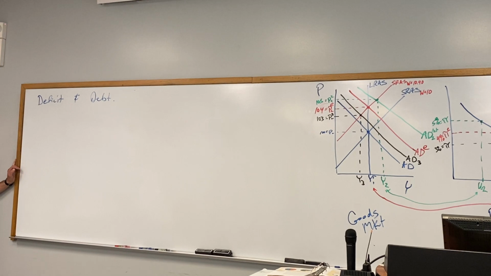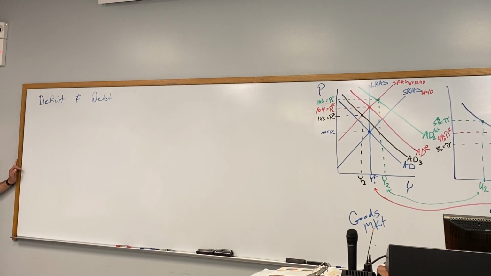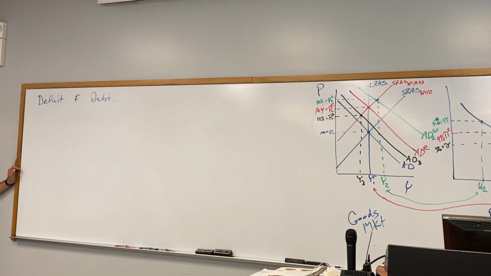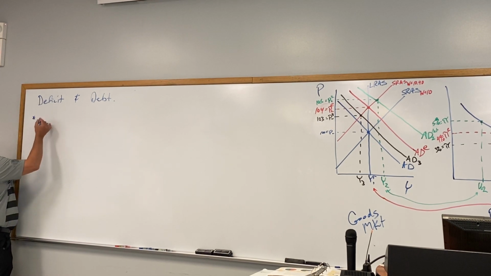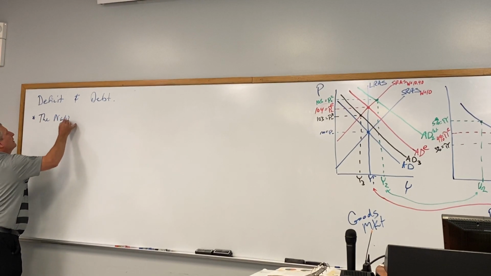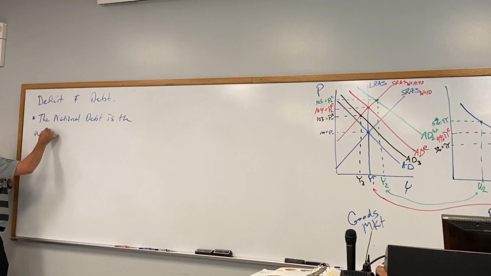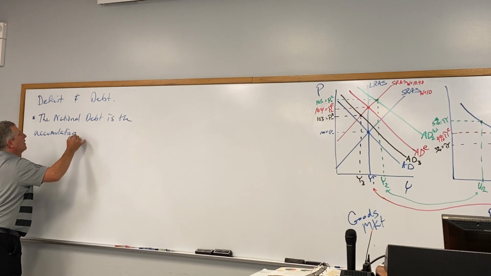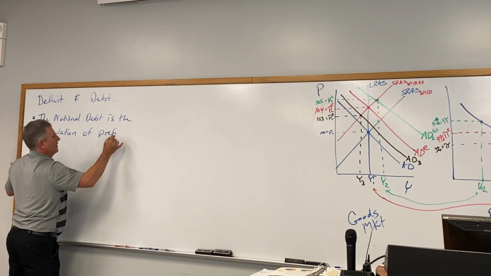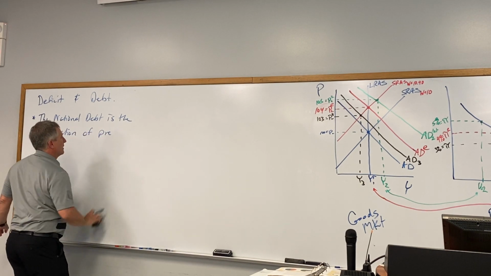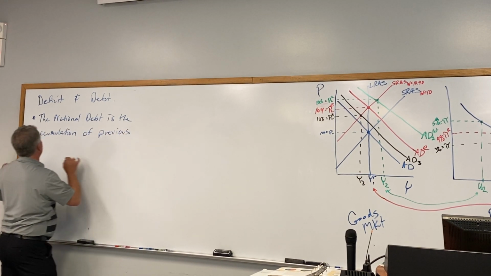Which one's bigger if you run a deficit? G or T? G, right? So G is bigger. Governments spend more money than they collected in tax revenue, and then that gets us into issuing bonds. So let me put it as a definition in one sentence for you that you can memorize for the final exam. The national debt is the accumulation of previous deficits.